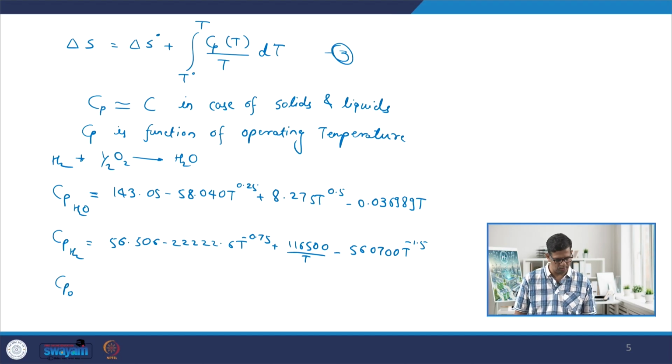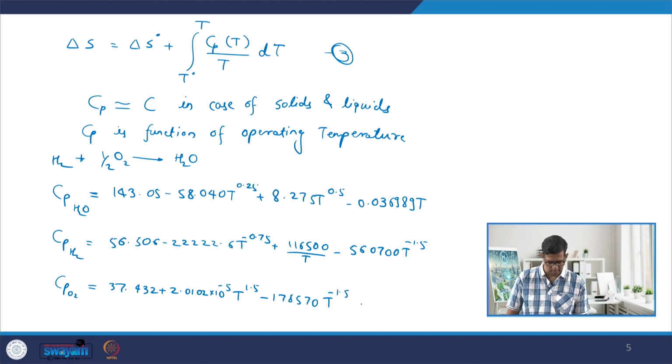And Cp for oxygen is 37.432 plus 2.0102 into 10 to the power minus 5 times T to the power 1.5 minus 178,570 times T to the power minus 1.5 plus 2,368,800 times T to the power minus 2. So, this is how heat capacity depends on temperature.